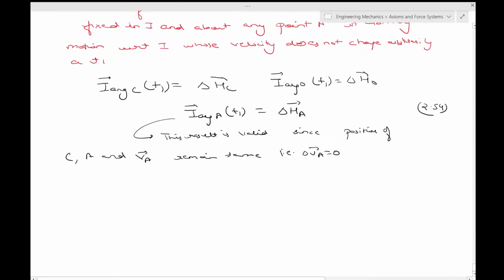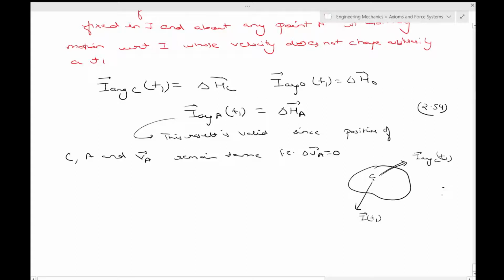Let's see that in a figure. So this is C, I of t1, and C at t1.